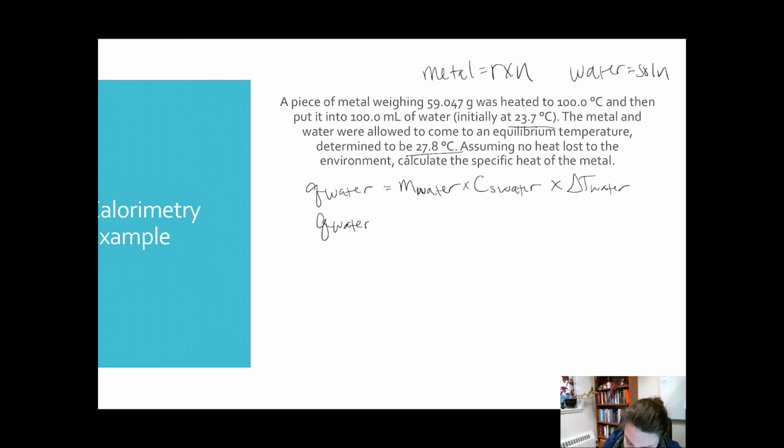So our Q of our water is equal to our mass of our water. We're given a volume of water, 100 milliliters. Density of water is 1 gram per milliliter, so this would be equal to 100 grams. Our specific heat, 4.184 joules per gram degrees Celsius, and delta T is going to be 27.8 minus 23.7.